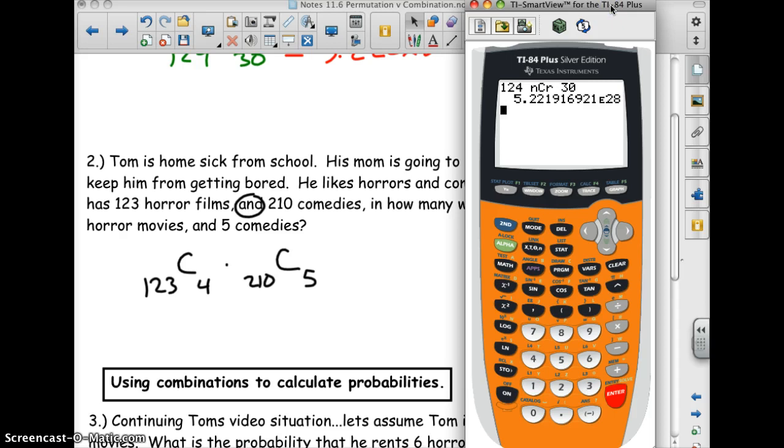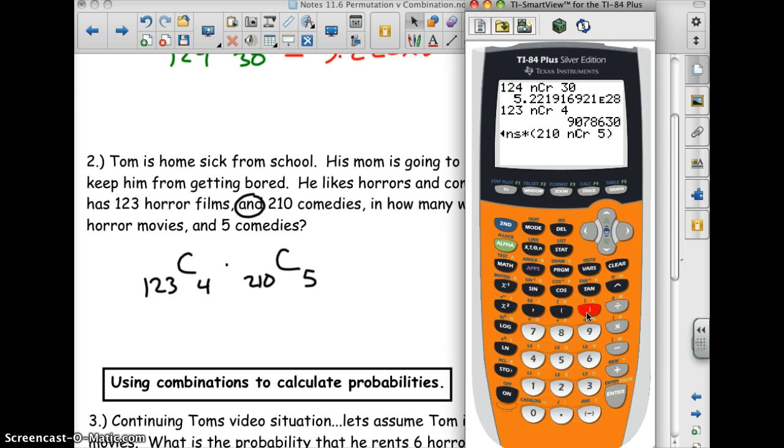So I need to do 123, math, NCR, 123 C4. And then to that I'm going to multiply 210 NCR, 210 C5.